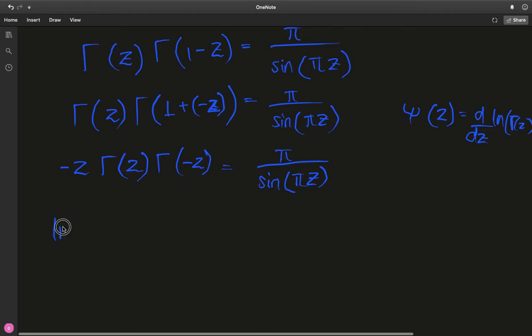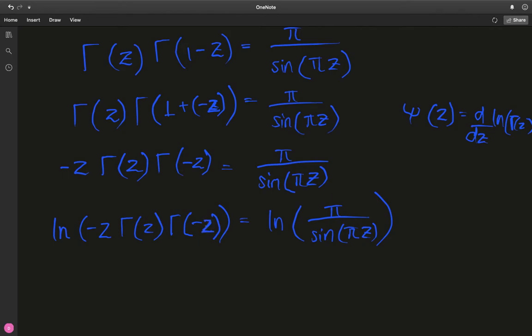So we have the natural log of negative z times gamma of z times gamma of negative z is nothing but the natural log of pi over sine of pi times z. This is not a 2, this is a z, just making that clear.